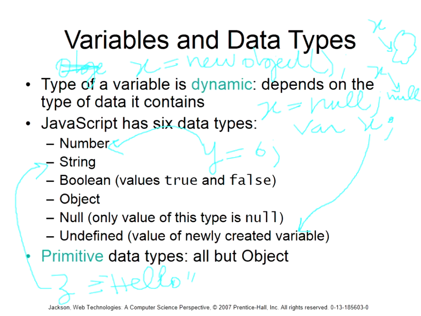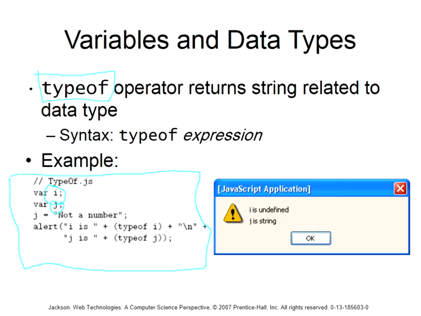Because here it is a newly created variable. We create the variable without a value. Good. And for the second, j equals NaN, not a number. So the type of j is what? The type of j is a string? Very good.